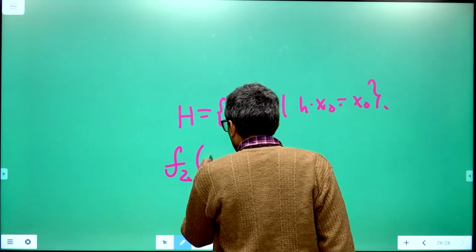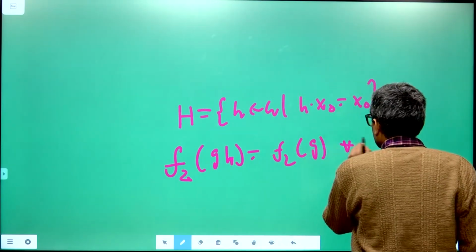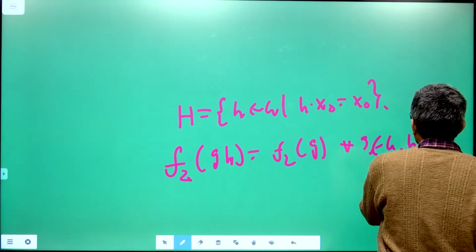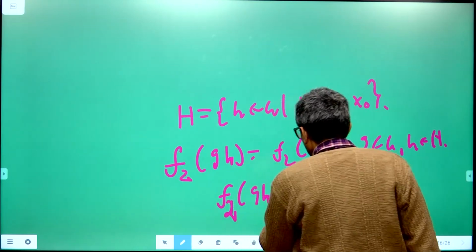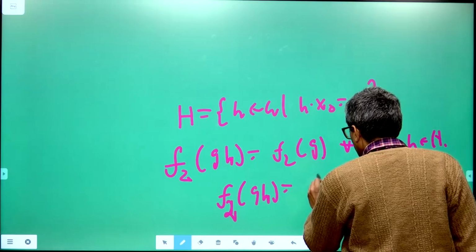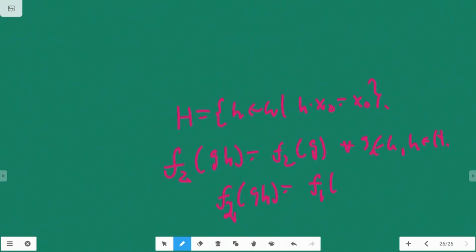So, you will have the relation that f2 of gh will be f2 of g for every g belonging to G and h belonging to H. Likewise for f1, so you can write the relation as f2 of g1h is equal to f1 of g inverse g1h plus w of g1h for all h belonging to H.